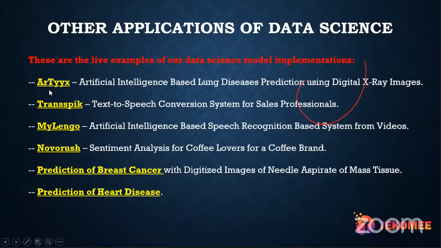This software is named Artix, and it basically takes digital x-ray images, which go through image processing, and then go to a particular algorithm in the backend as an API, wherein the API tries to understand whether the lung image fed to the system has any type of disease.